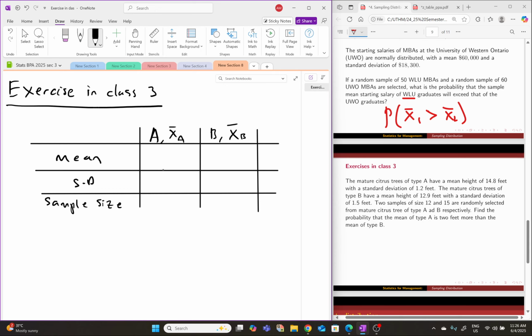And then for A, the mean is, standard deviation is 1.2, 1.5.